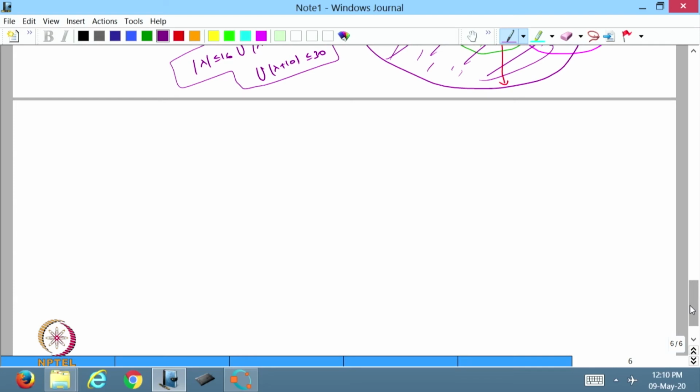Now, from here I can draw one conclusion: if we have an isolated disk or circle, then exactly one eigenvalue lies there.